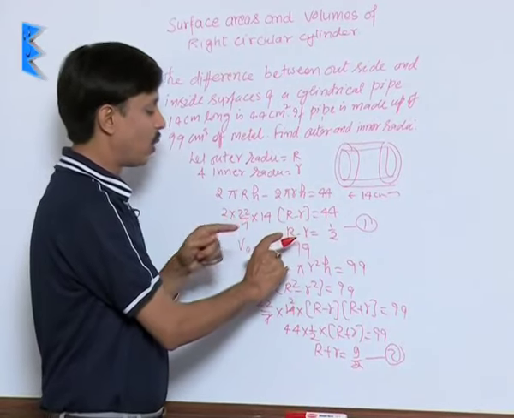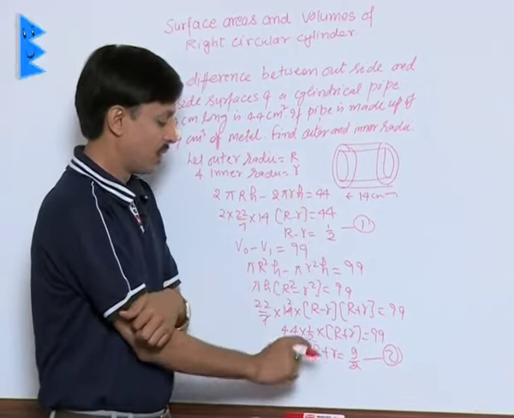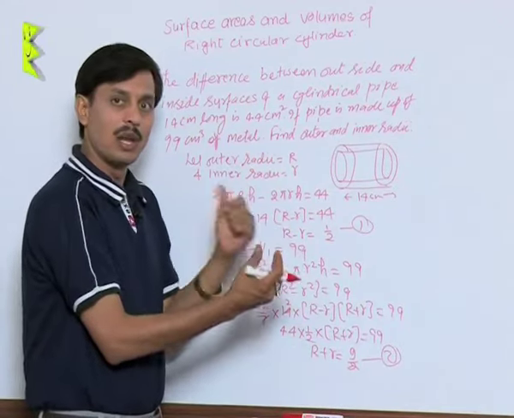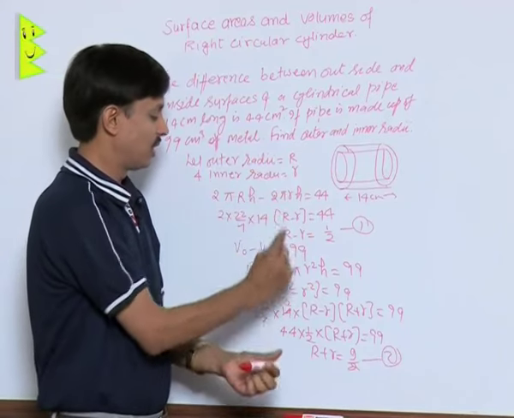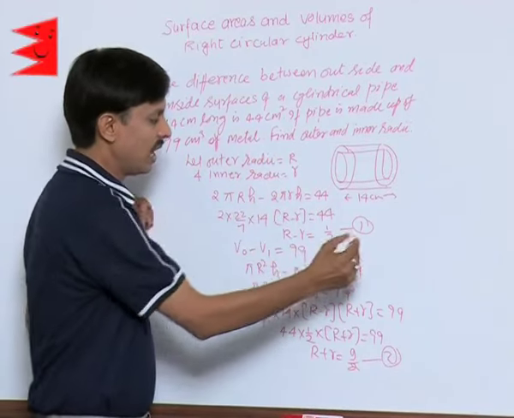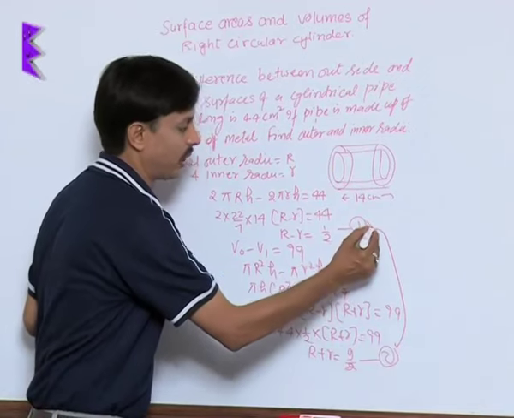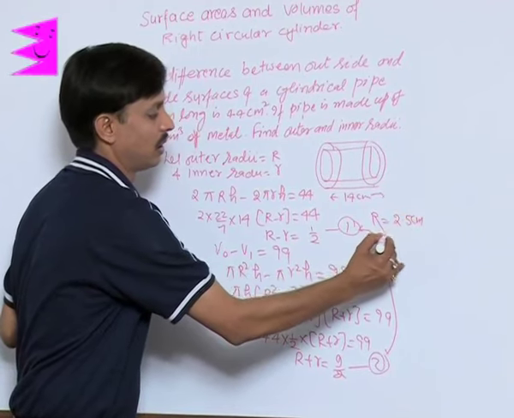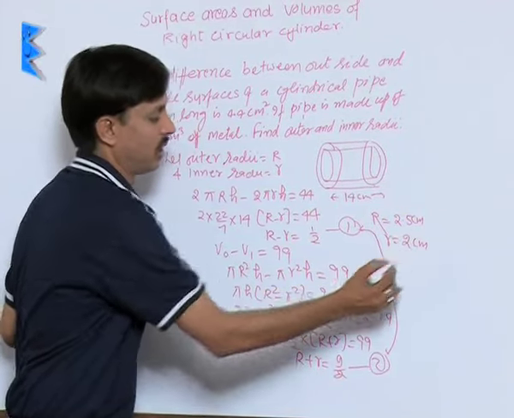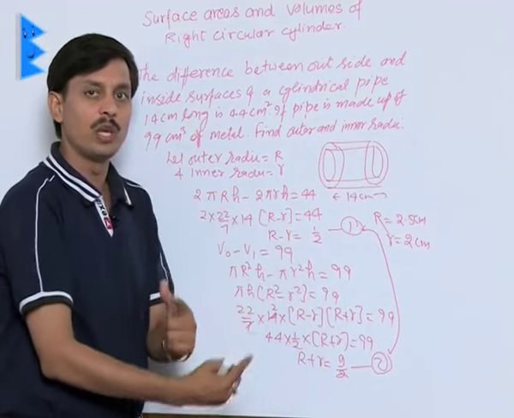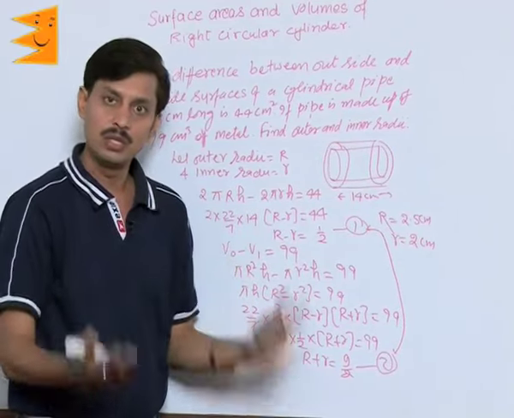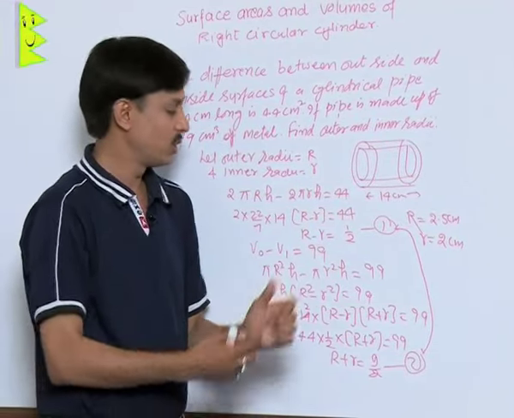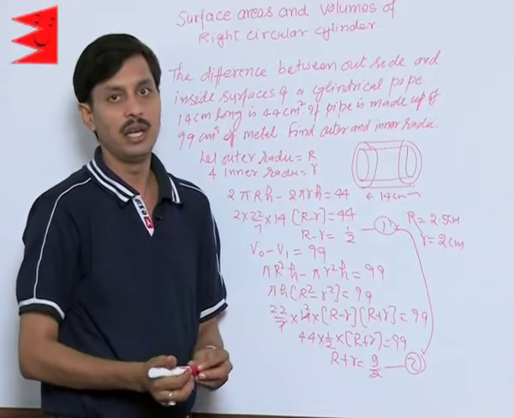R minus r, that is outer radius minus inner radius, is half, and outer radius plus inner radius is 9 by 2, by using the given concept, that is difference of surfaces and difference of volumes. If I request you to solve equations 1 and 2, you will say capital R is 2.5 centimeter and small r is 2 centimeter. Once you need to add these two equations and once you need to subtract. When you add, you will get the outer radius. When you subtract, you will get the inner radius.